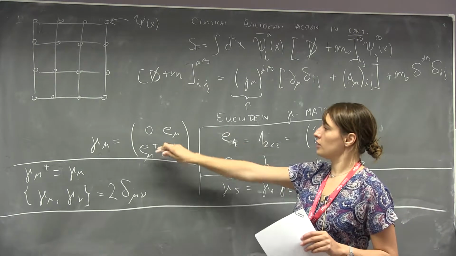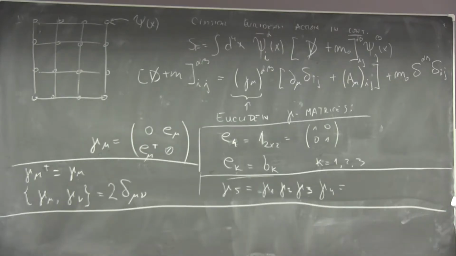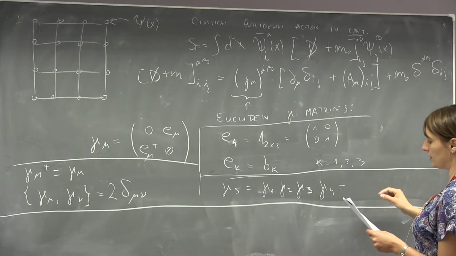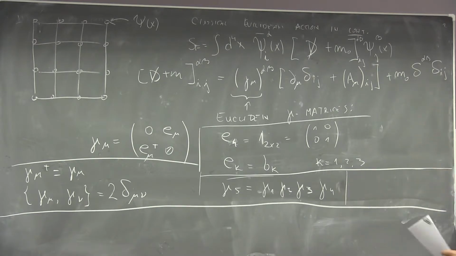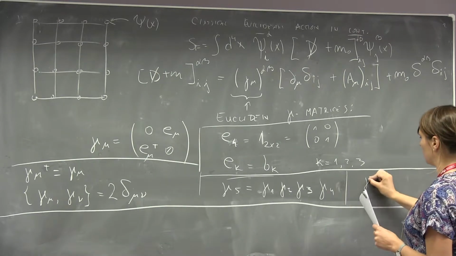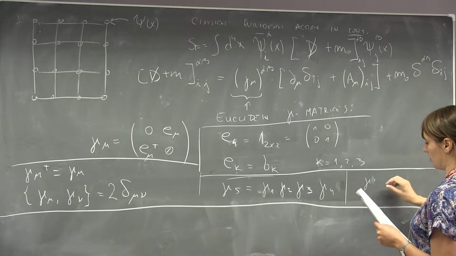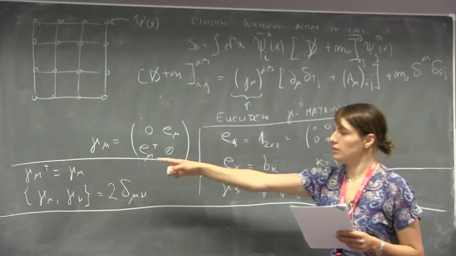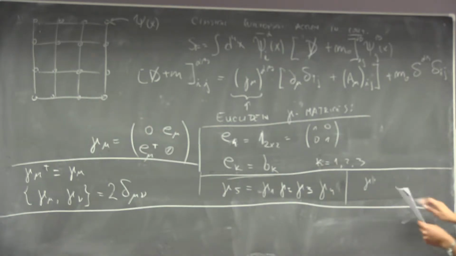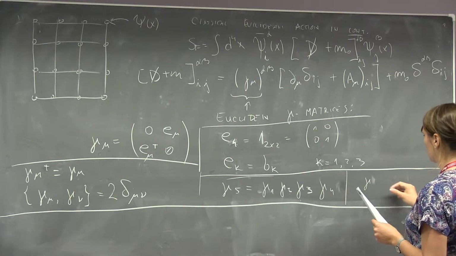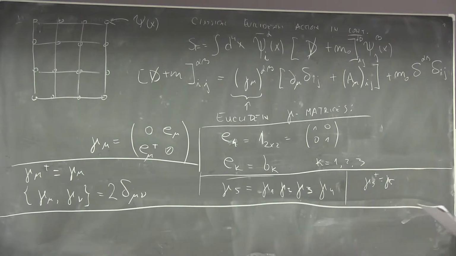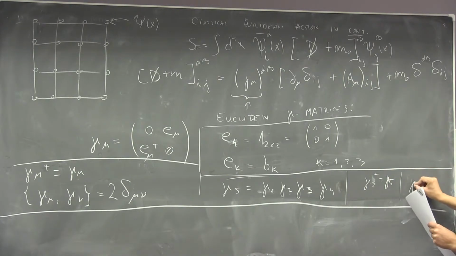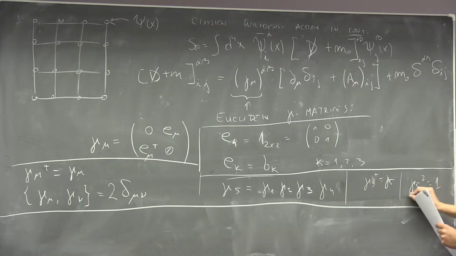So this is the definition of gamma 5, and just like the original Euclidean gamma matrices, gamma 5 is also a Hermitian matrix, and gamma 5 squared gives 1.